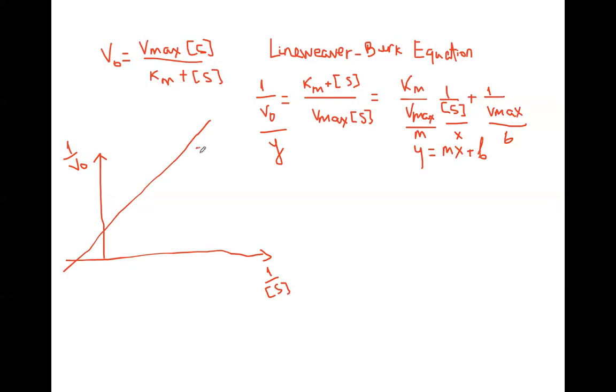Whose slope is, what's the slope? The Km over Vmax. Now this is a little harder. What's the y-intercept?